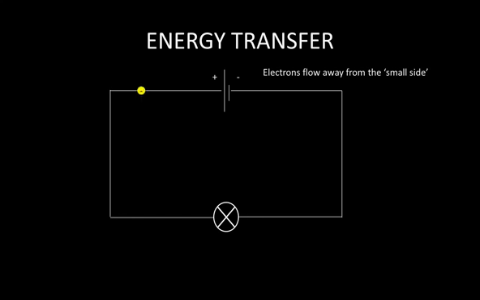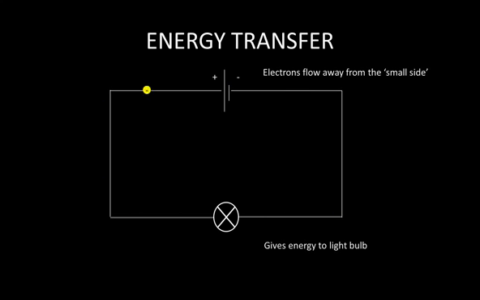So the electrons will be attracted to that side, and since the small line is the negative side, the electrons will be repelled from that side. So yeah, basically at that point it gives all its energy to the light bulb, and after which the electrons are left with 0 voltage to return to the battery and get their fresh supply of voltage or energy to be given to the light bulb.